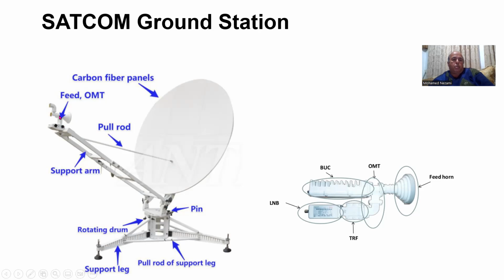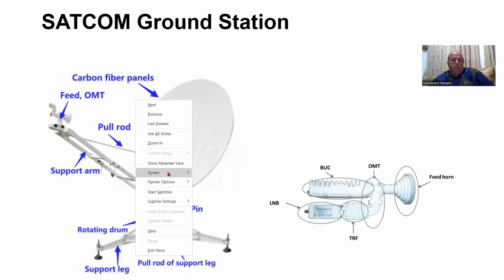You can see that the OMT device is a 3-terminal device. One of them is connected to the horn, and there are two outputs or two inputs. One is axial and one is branched 90 degrees with the axial part.